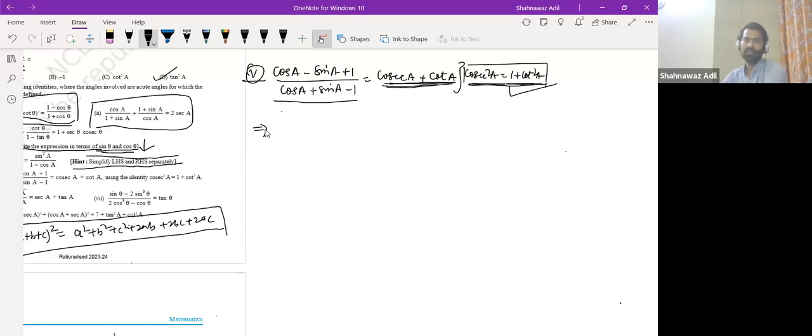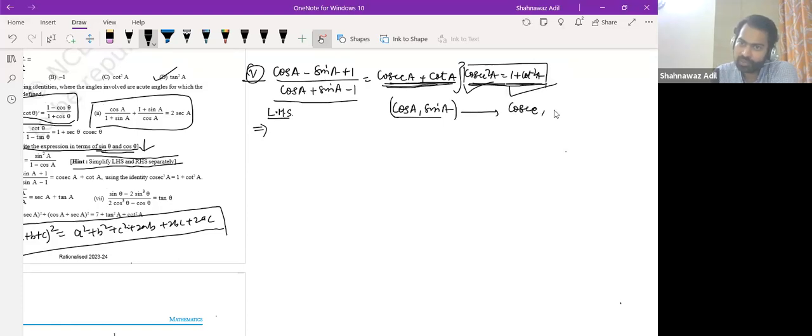I'll have to write the LHS, which is in terms of cos and sin, in terms of cosec and cot to use this identity. Is this part clear, guys?